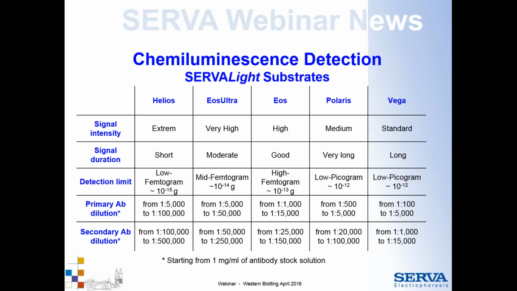We offer several detection substrates. Depending on the requirements of your system, you can choose the optimal one. One requirement may be the detection limit because of the expression rate of your target protein. Another point may be the dilution of your primary antibody.